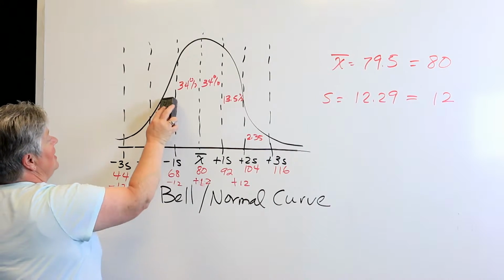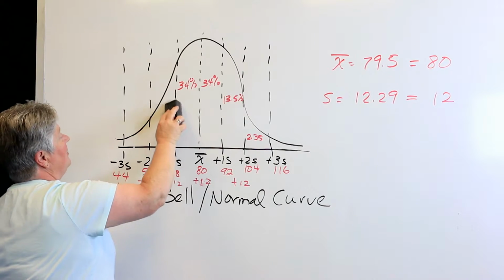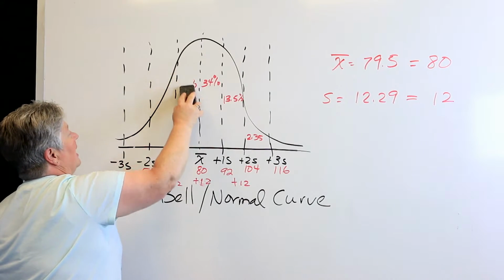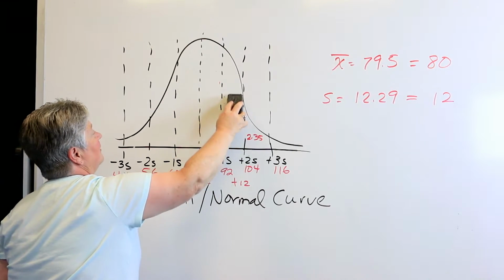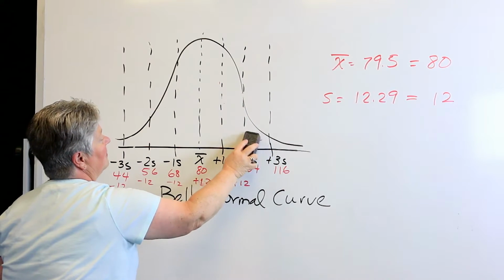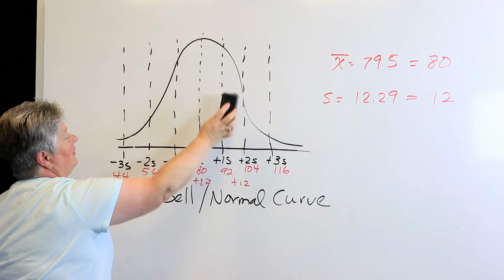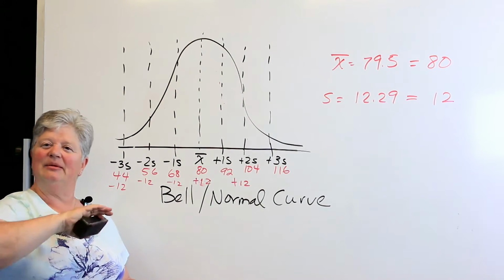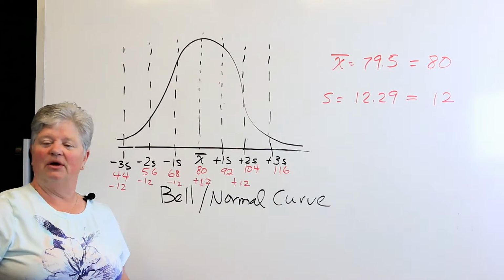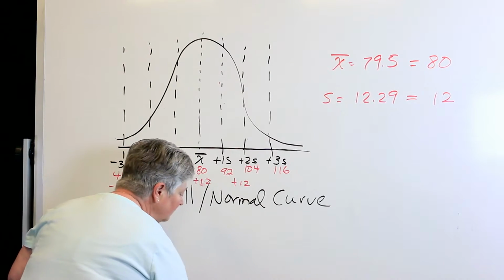Now I'm going to place the actual values from our sample of data that we determined this standard deviation from. I'm going to place it on here, and then we're going to look at it and decide whether or not it seems like it's this normal flow.